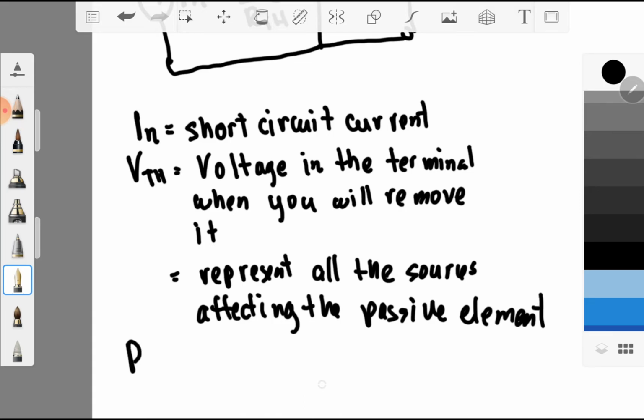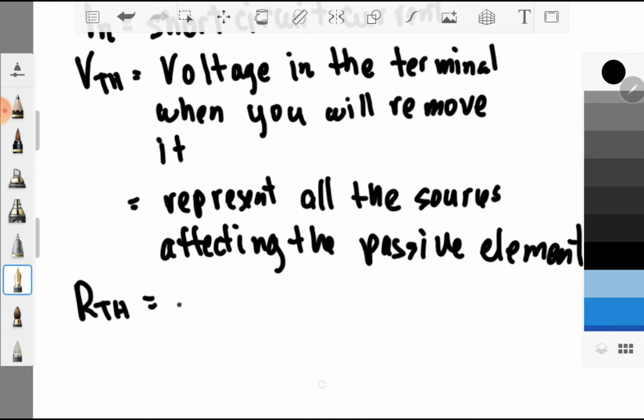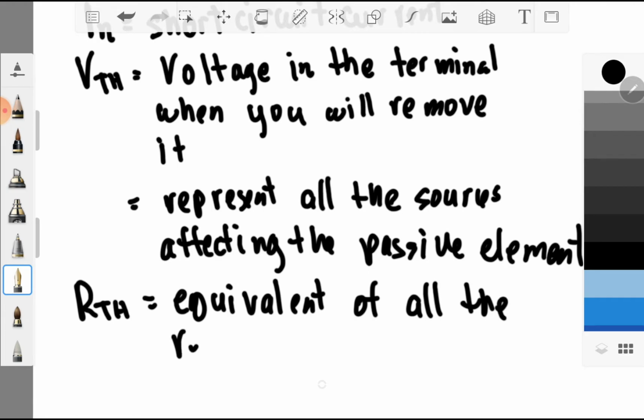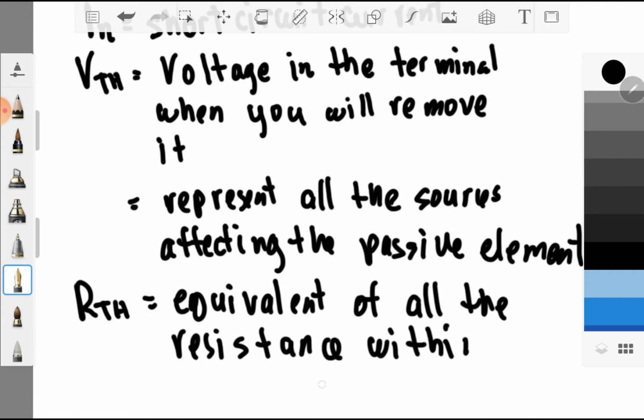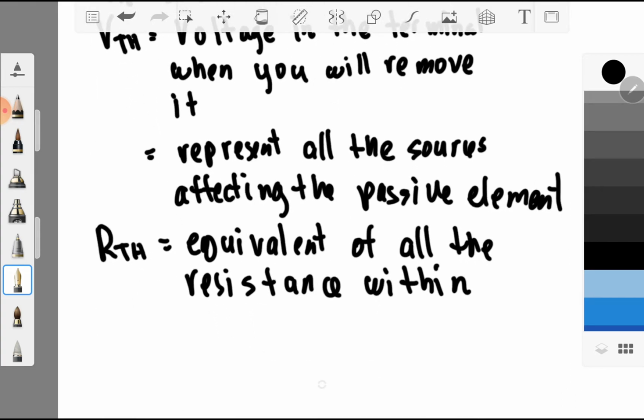And your RTH is the Thevenin equivalent resistance, the equivalent resistance of all the resistance within the terminal RL. So your RTH is basically the representation of the resistance in the circuit.